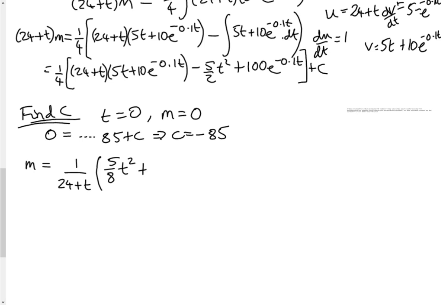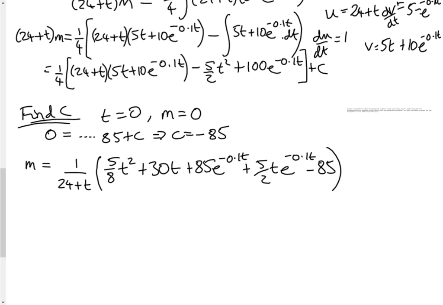And if you expand and simplify rather than just leave it as it is, okay, so that's what you should be able to get your answer to expand and simplify to.